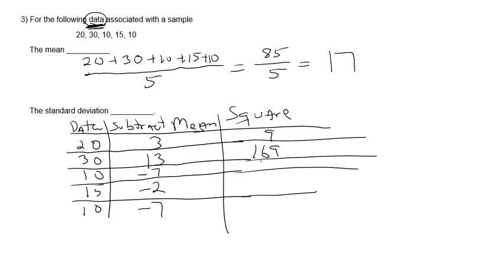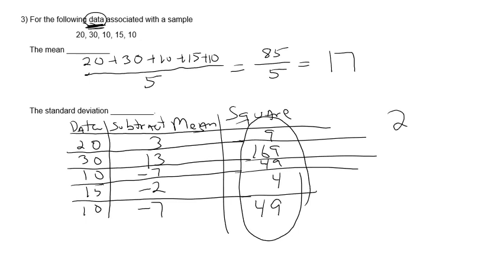Minus 7 squared, 49. Negative 2 squared, 4. Negative 7 squared, 49. Once again, notice everything in this column is positive. You are going to add up these numbers here.